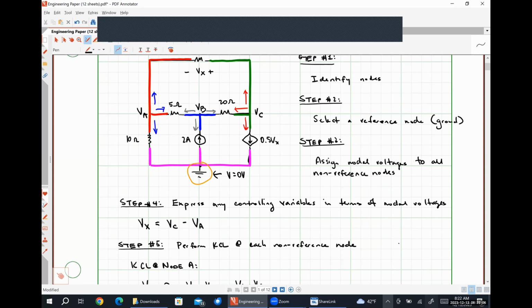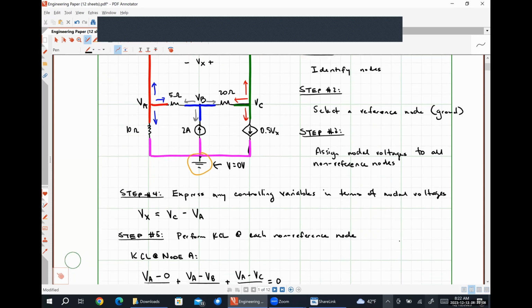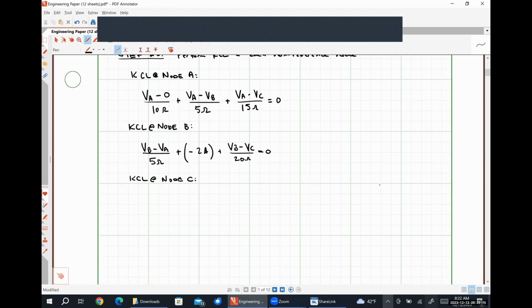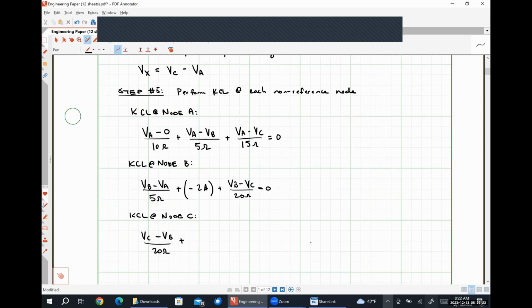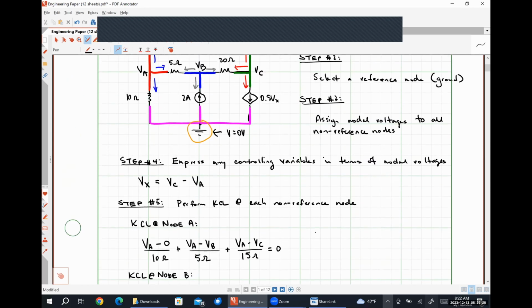Mallory, please tell me what current is flowing to the left through the 20 ohm resistor. Absolutely correct. VC minus VB over 20 ohms. Molly, could you tell me what current I have flowing down through my dependent current source, please, ma'am?